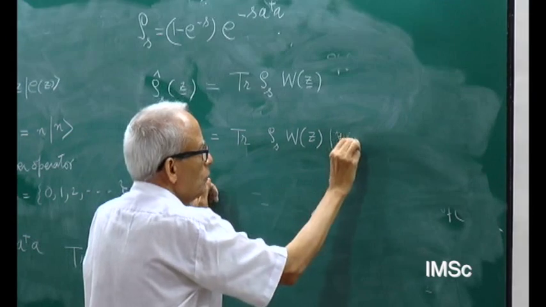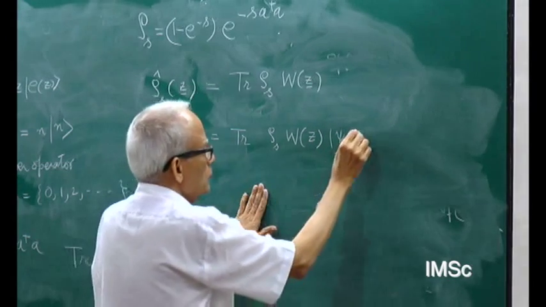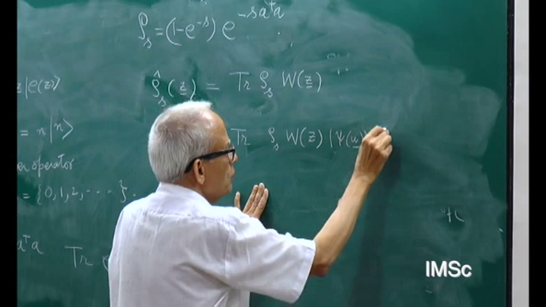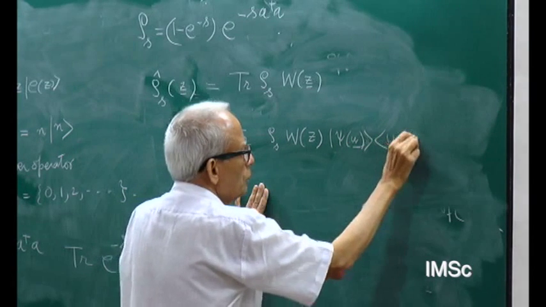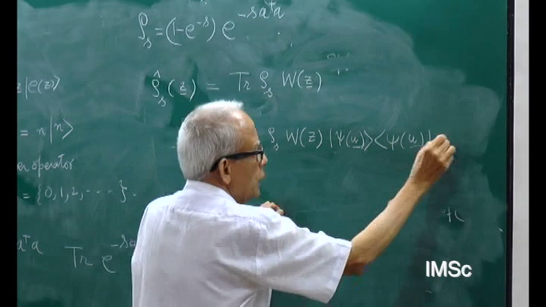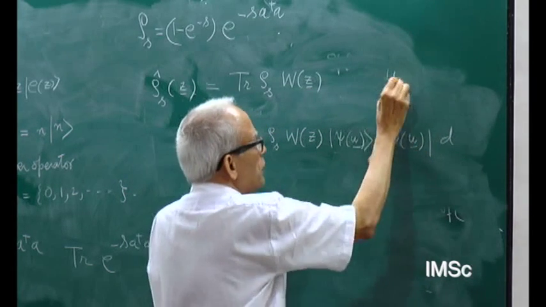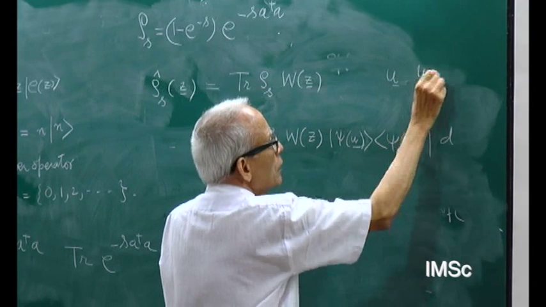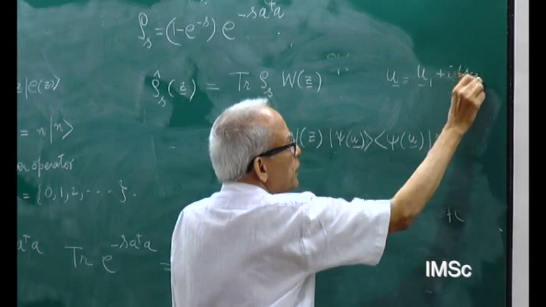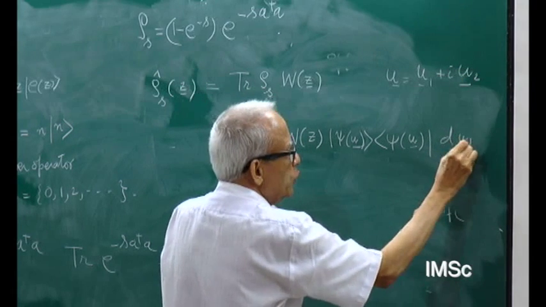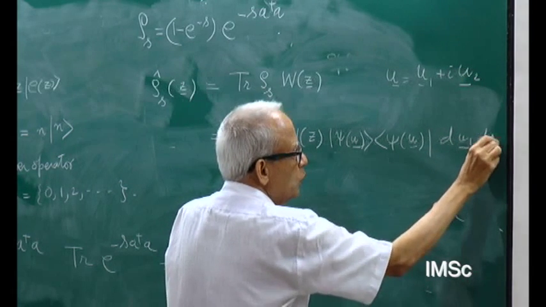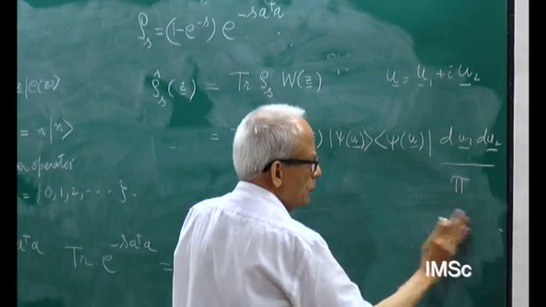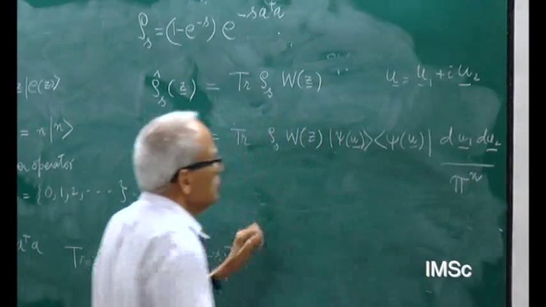c u, d u, u equal to u1 plus i u2, the real and imaginary part. Then this is du1 du2 divided by pi to the power n.